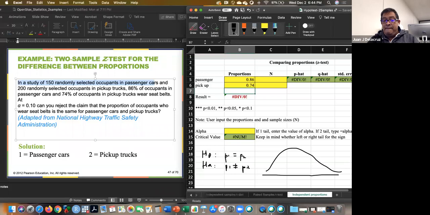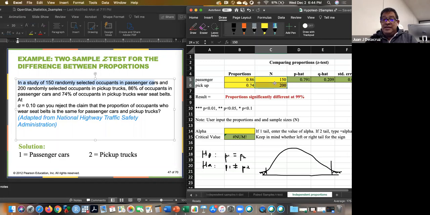Okay. So we are going to have two rejection regions, because this is a two-tailed test, right? What we need here is also the sample size. So in this case, if I type 150 and then 200, as you can see, we have all the results here.